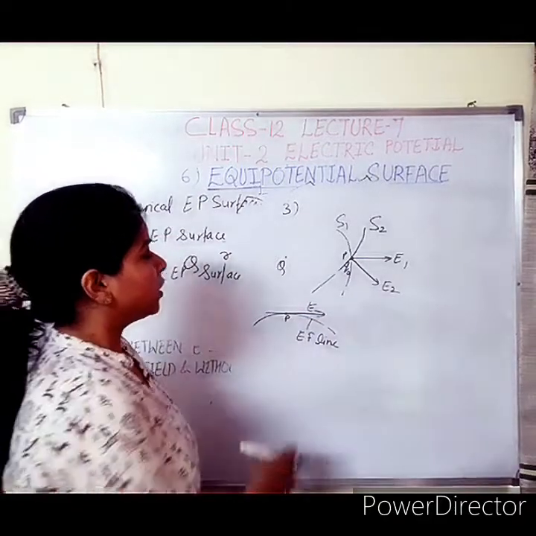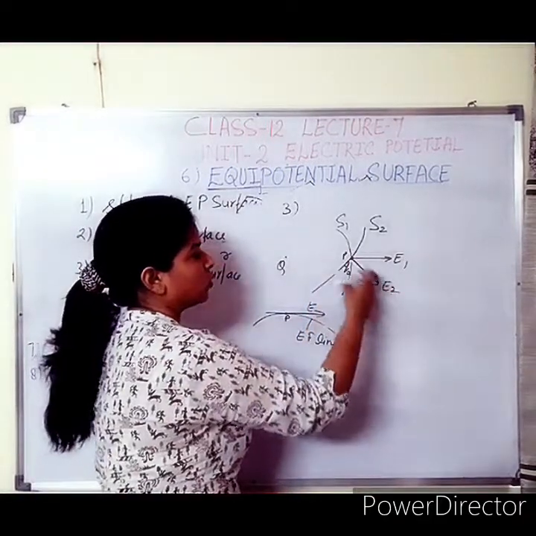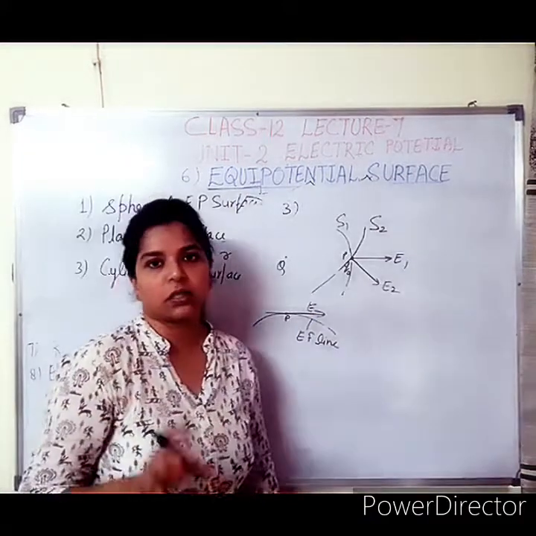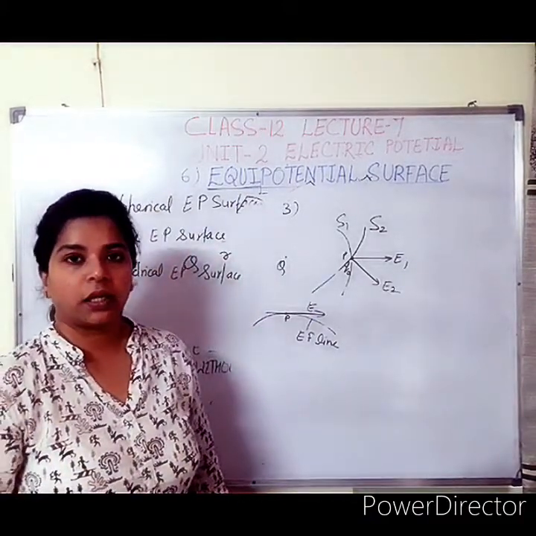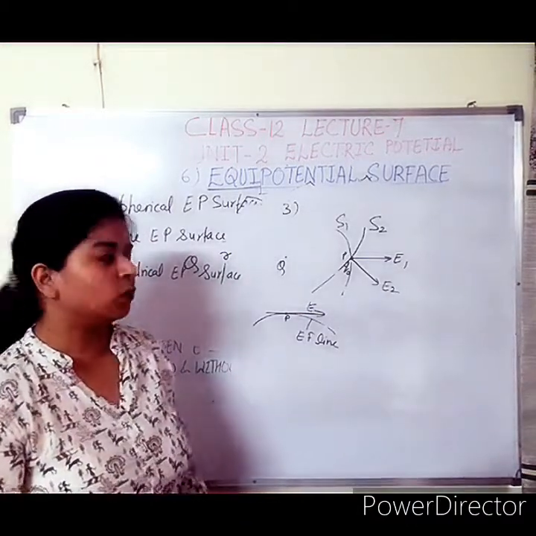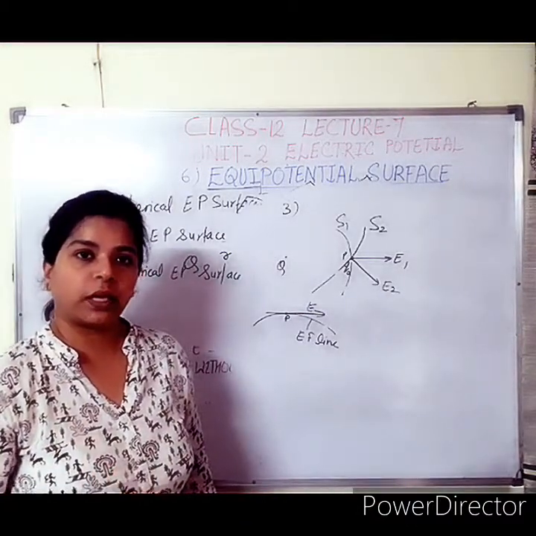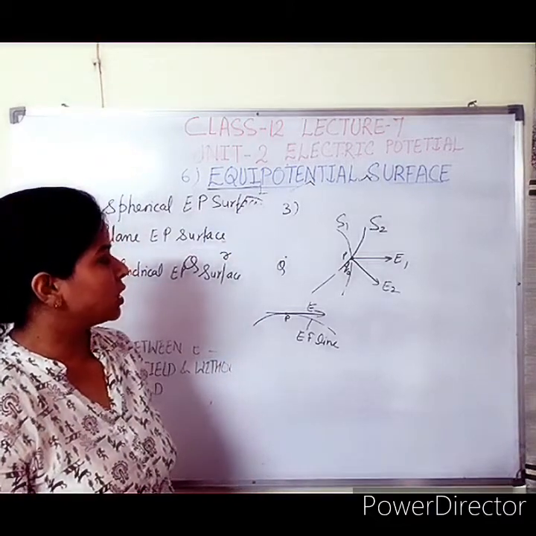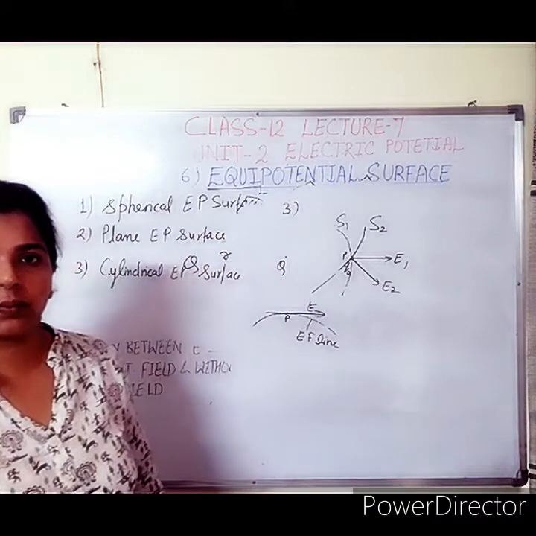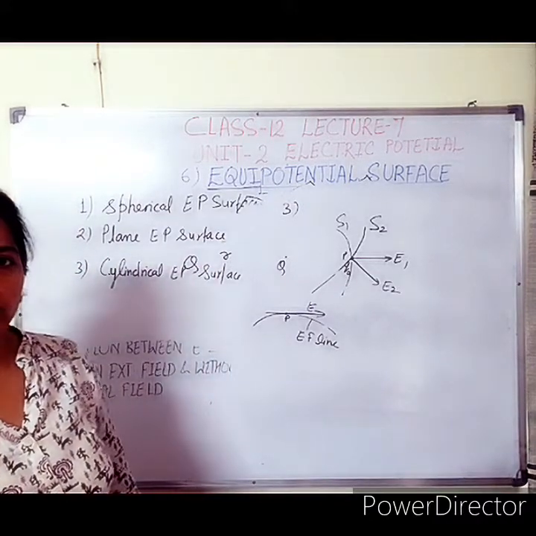It may move towards the direction of either electric field, and at one time it is not possible that one body is moving in two directions, it cannot be split, nor can it move towards two directions at one time. So that is why we can say that this situation is not possible. The intersection of two equipotential surfaces is not possible.